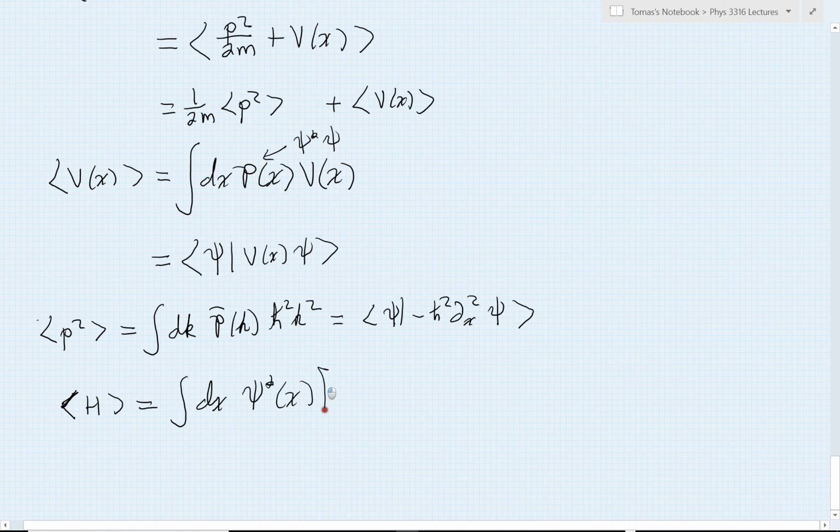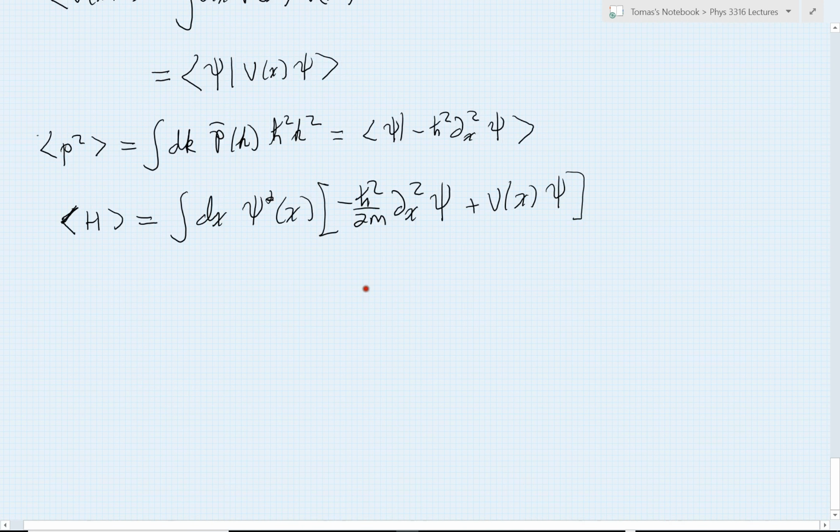And then it's multiplying different pieces. This first piece, p squared on 2m, gives me 1 over 2m times these pieces. So I would have minus h bar squared over 2m times two derivatives with respect to x of psi. Then I have to add on the part coming from the potential, which gives me a psi star. Then there's a V times psi in here, so there's V of x times psi.